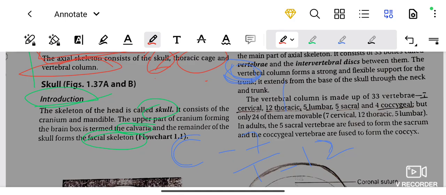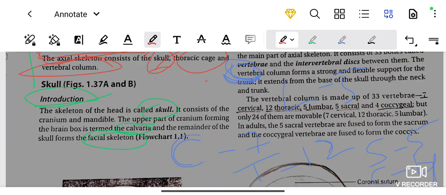Lumbar L, 5. Sacral S, 5. Coccygeal C, 4. So the 33 vertebrae are distributed as 7 cervical, 12 thoracic, 5 lumbar, 5 sacral and 4 coccygeal vertebrae.